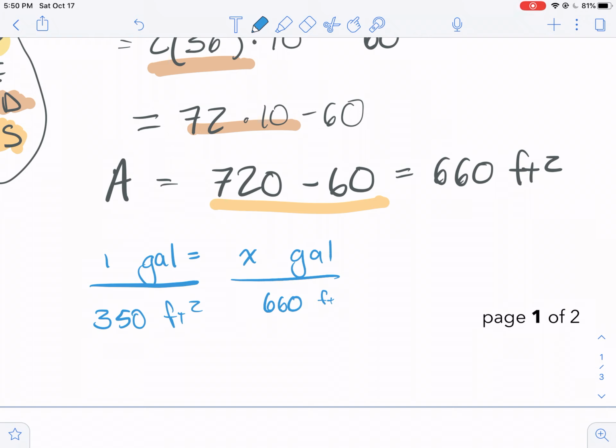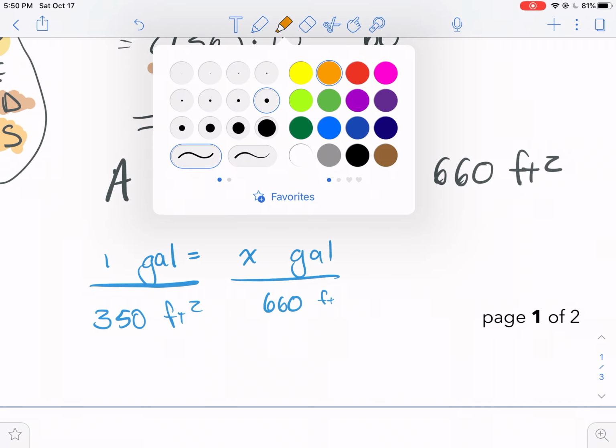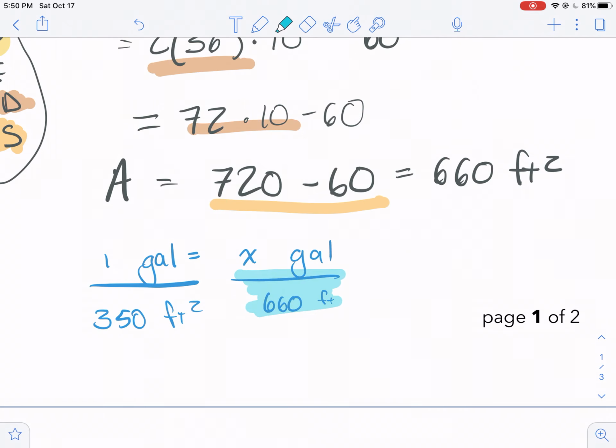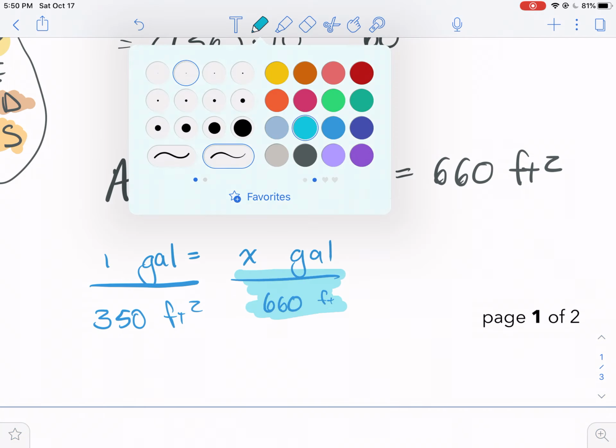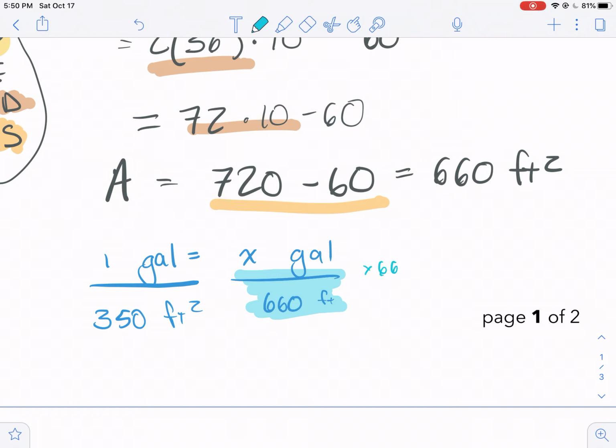So we cross multiply because we want to get the X all by itself. To undo what's happening to our X, we're going to times by 660 on both sides.